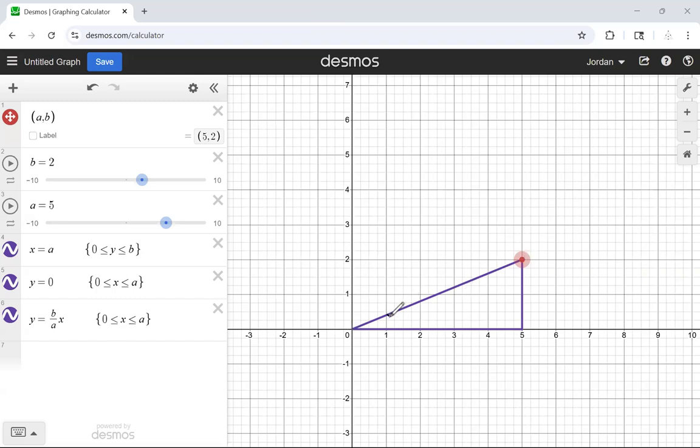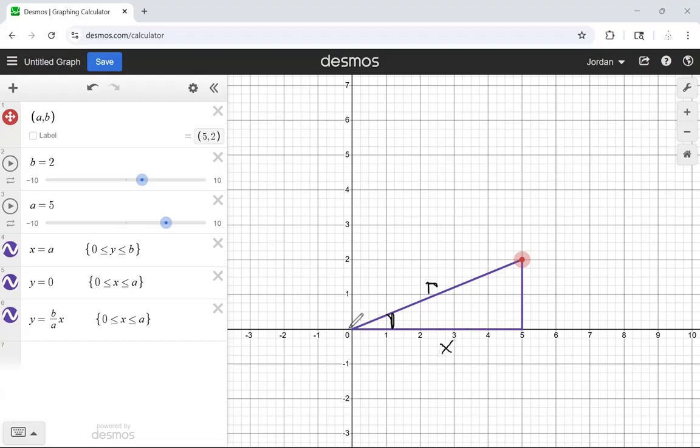So that's the angle that we're talking about right here. The polar coordinates are going to give you that angle and the distance of our hypotenuse, which we tend to label as r.